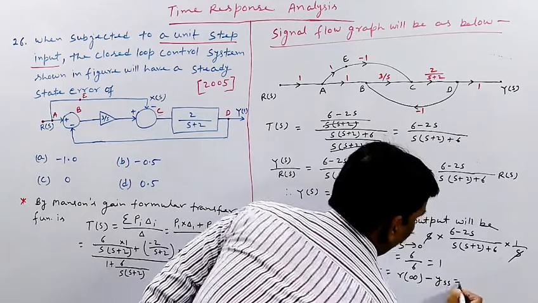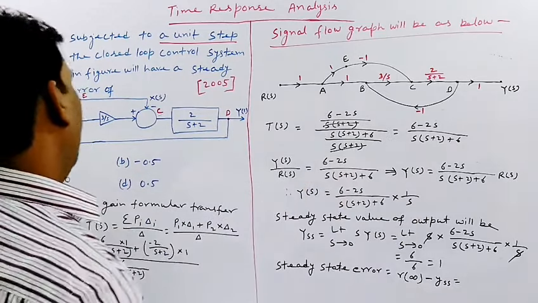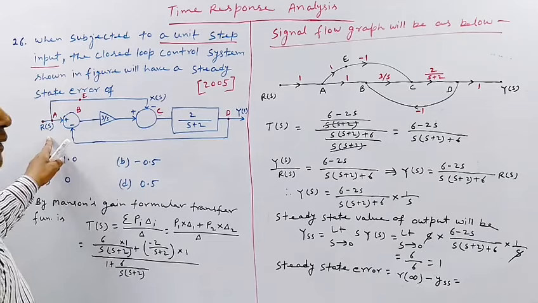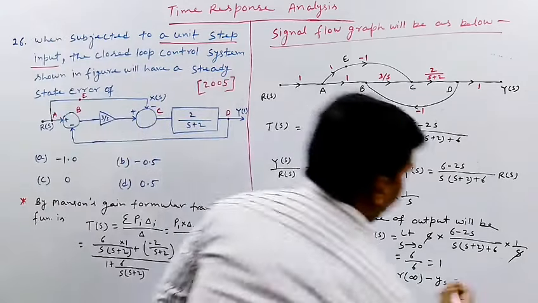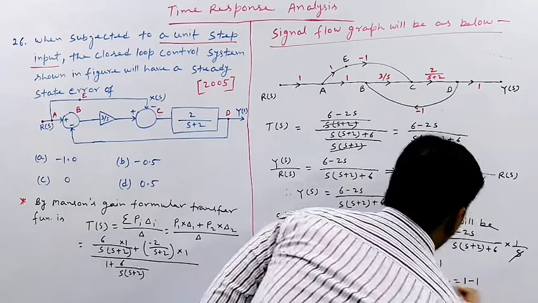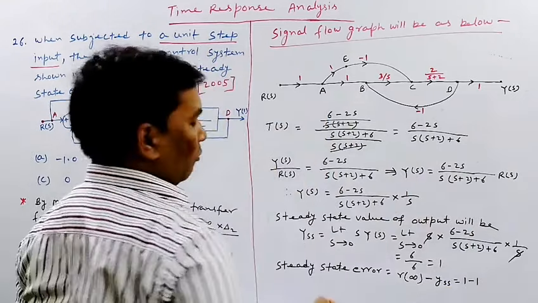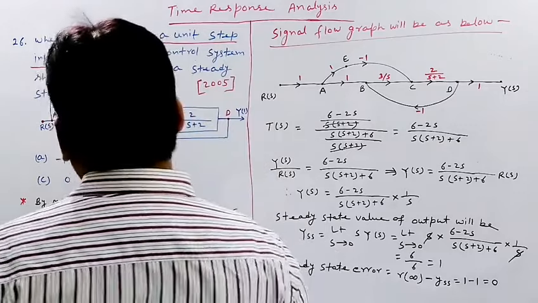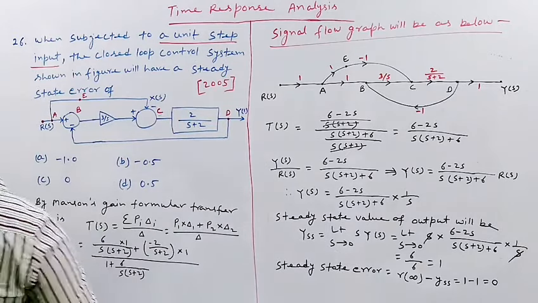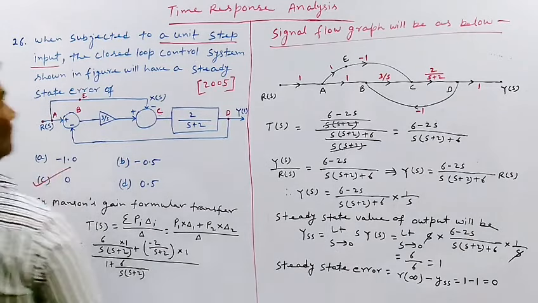So R(infinity), the input at infinity, will be 1 because it is a unit step input. So it will be 1 minus again 1, because we have got Yss equal to 1. So the steady state error will be 0. So which option is correct? So option number C is the correct one.